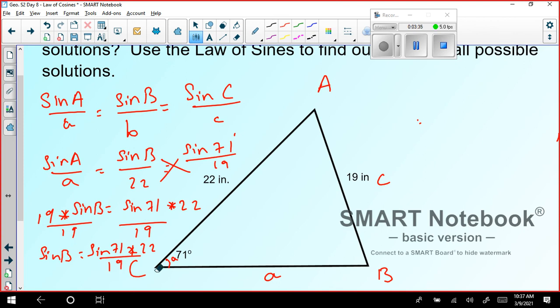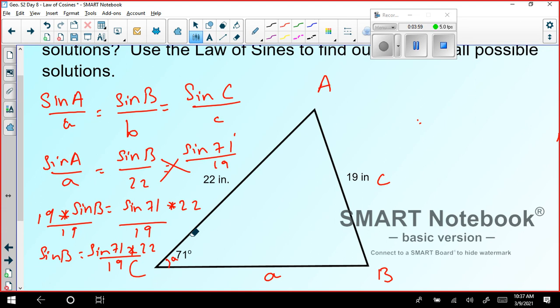Okay, substitute that in the calculator. Sine 71 times 22 over 90. Can we simplify sine 71 before we do all the steps, or do we simplify sine 71 afterwards?